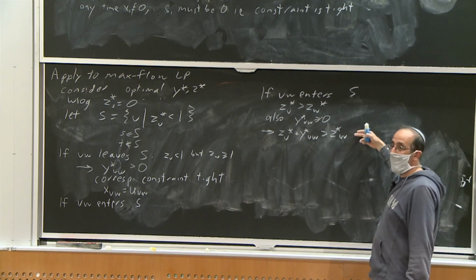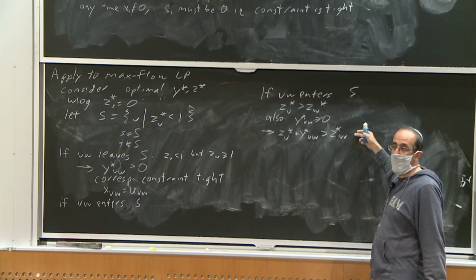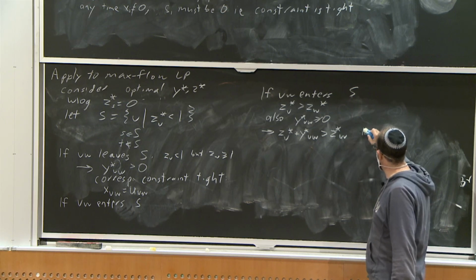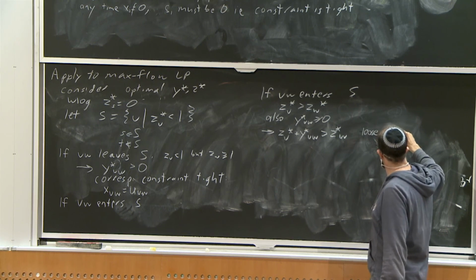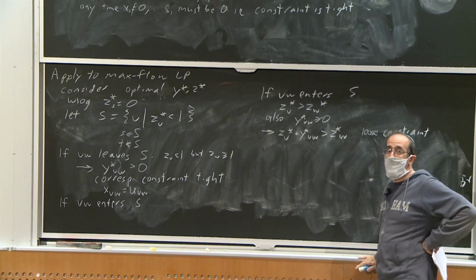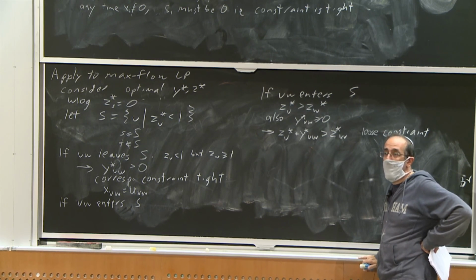So what are we looking at here? A non-tight constraint. This is a loose constraint. What does complementary slackness tell me about loose constraints?